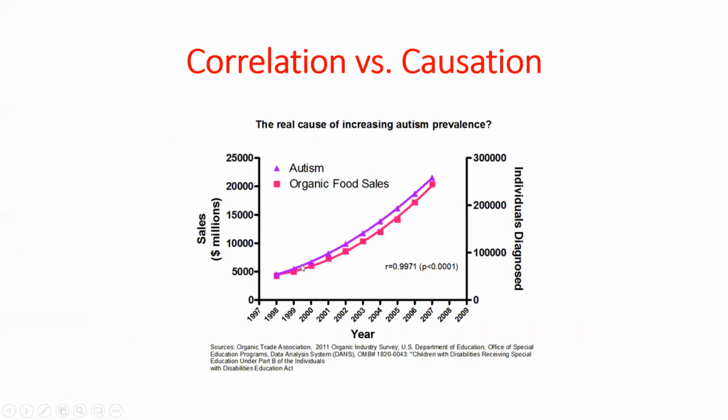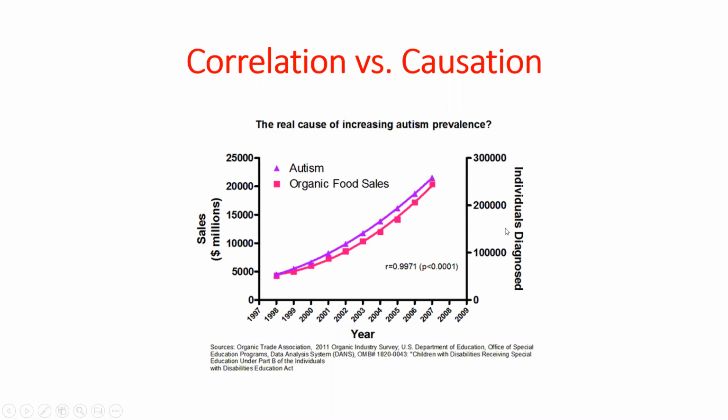Okay. And I think I went through this example at the end of last class as well, where I could do the same thing with autism and organic food sales. This is a perfect correlation. I don't think anyone's trying to argue that organic food sales are causing autism.